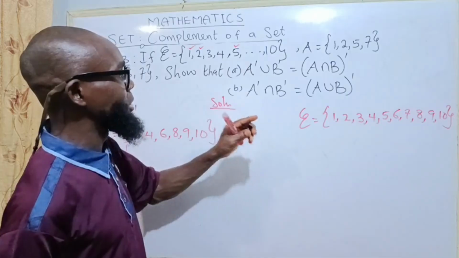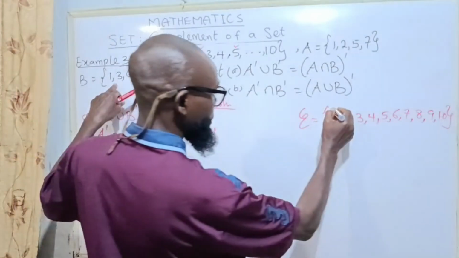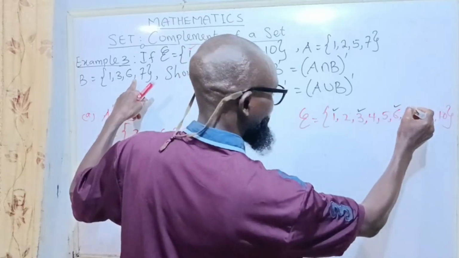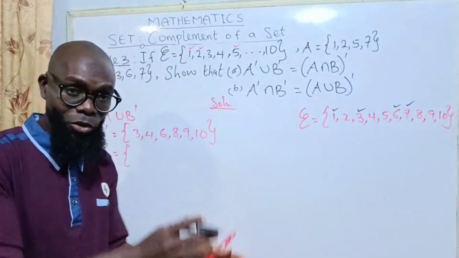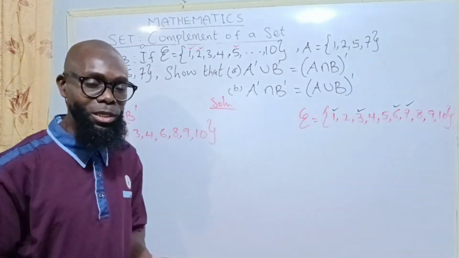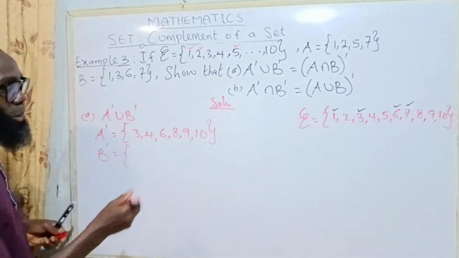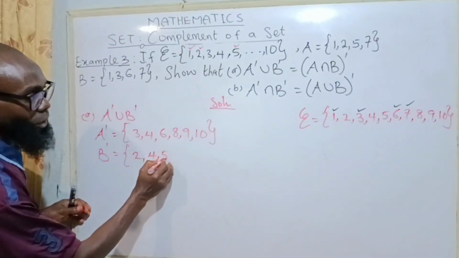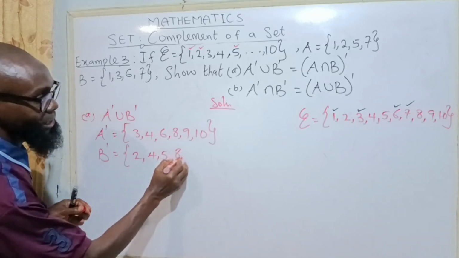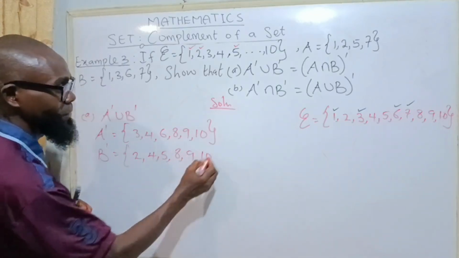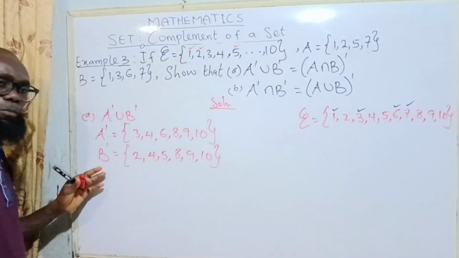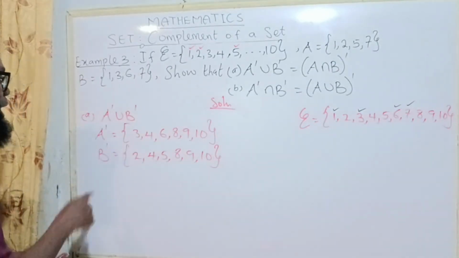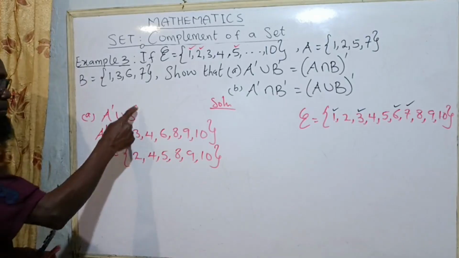When you remove these elements of B, you remove 1, 3, 6, and 7. So the remaining ones are going to be our B complement: 2, 4, 5, 8, 9, and 10. So these are the B complement. Then let us now prove A complement union B complement.